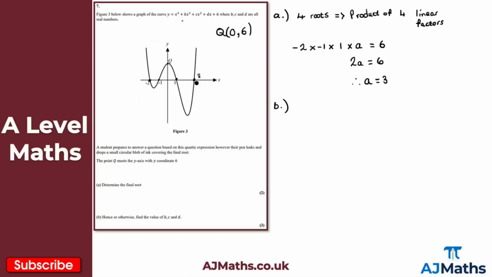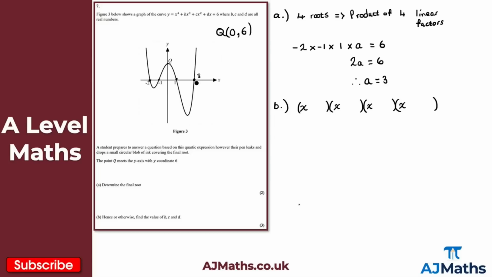Because the coefficient of x to the 4 is 1, the x in each bracket will simply be an x, so it'll be x, x, x, and then finally x again.